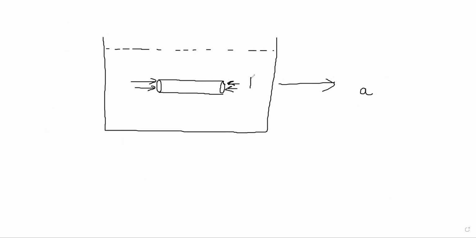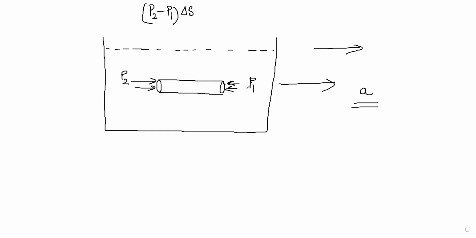Let's say this is P1, this is P2, correct? And weight is vertical, so weight does not influence it in the horizontal direction, right? So what you have is basically (P2 minus P1) into del S is the net force in this direction, right?